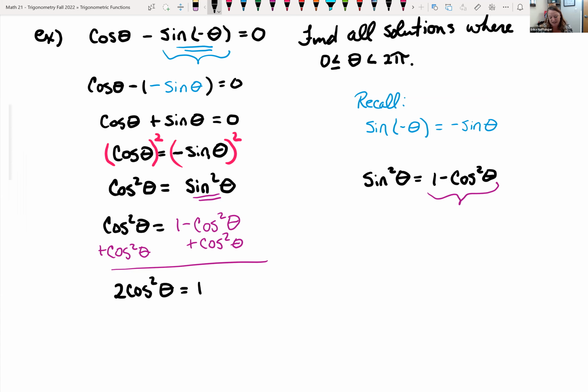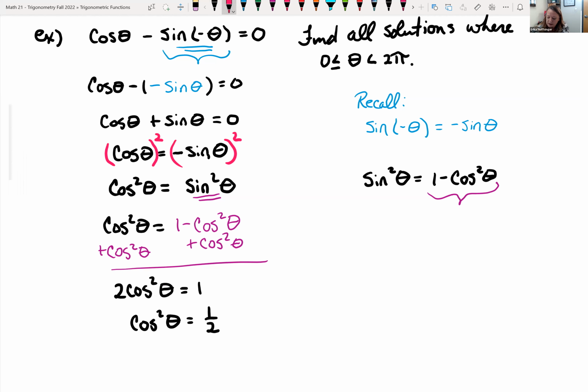I could set this equal to 0, but I also know that I can use my square root method because I just have this perfect square over here. So let's isolate the cosine squared theta. We divide both sides by 2, and we get cosine squared theta equals 1/2.